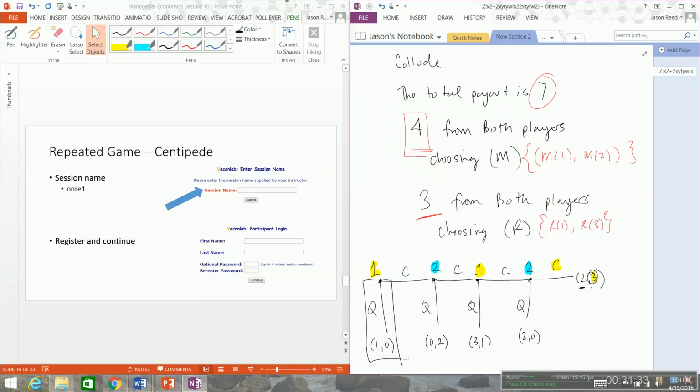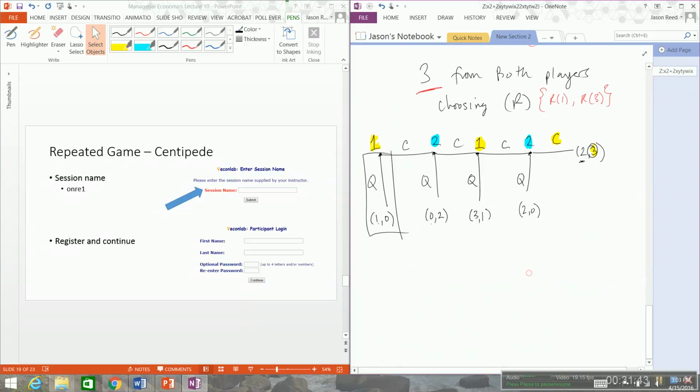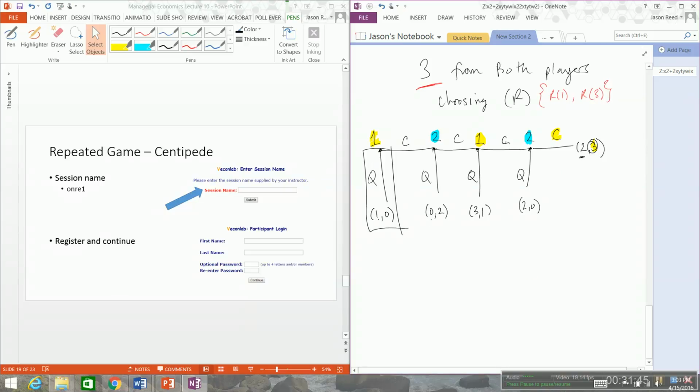Well, it's natural to think that we'll start playing through this game and stop maybe somewhere in the middle. But we're actually going to use backward induction. So we look at player 2's last choice. We're going to just subscript these. So this is player 1's first choice, player 2's first choice, player 1's second choice, player 2's second choice.